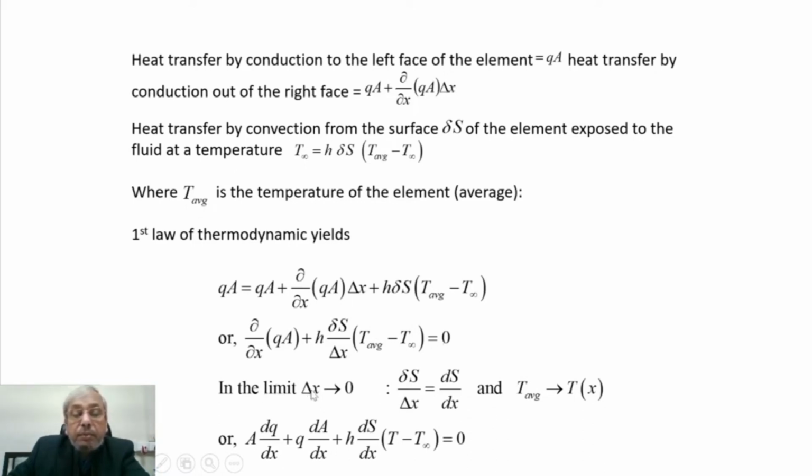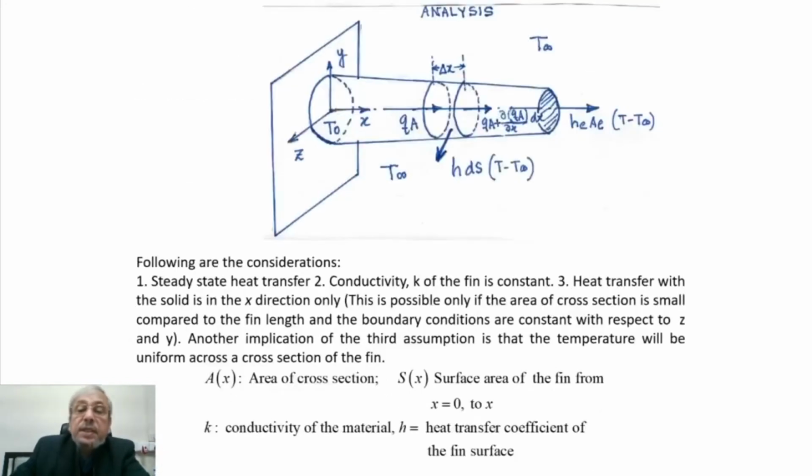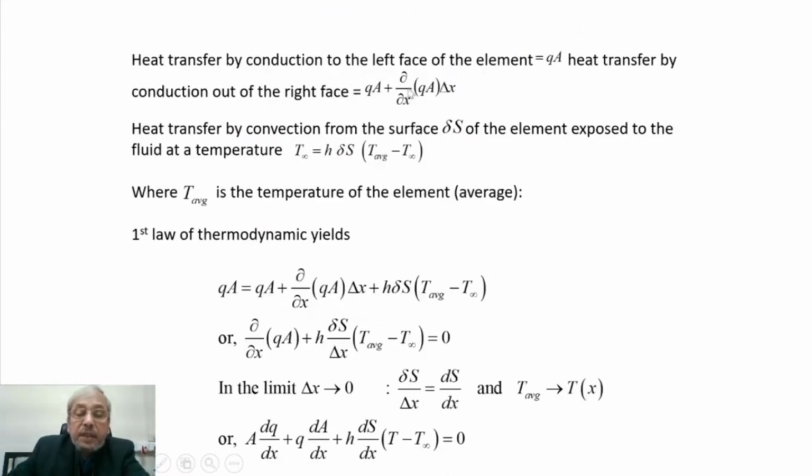In the limit of delta x tends to 0, delta x is basically this distance, and delta s by delta x is ds by dx.